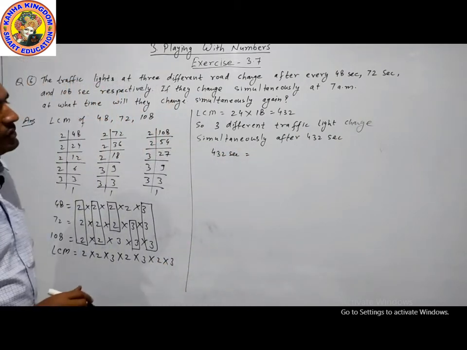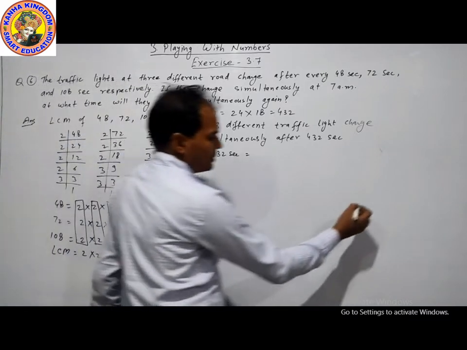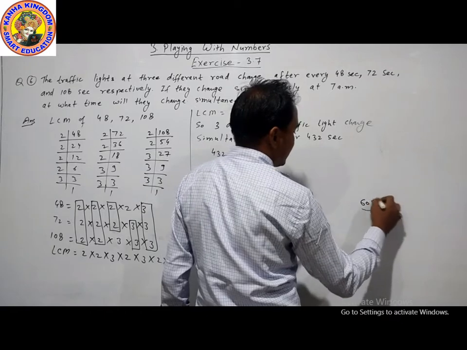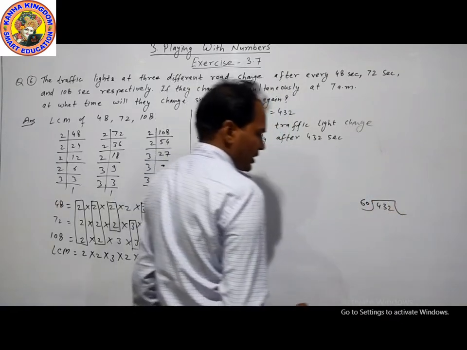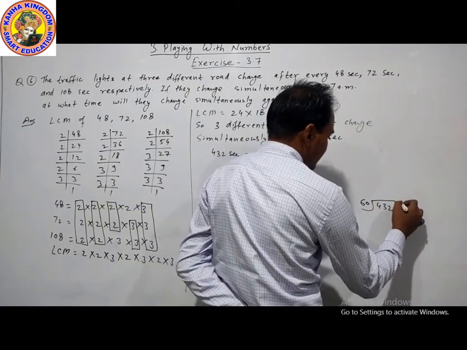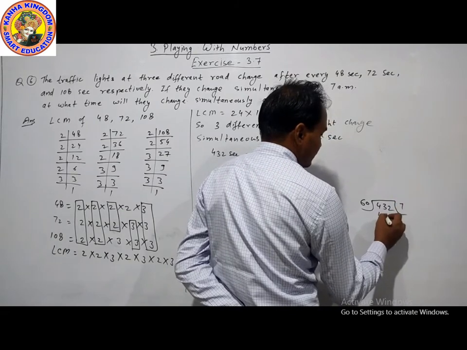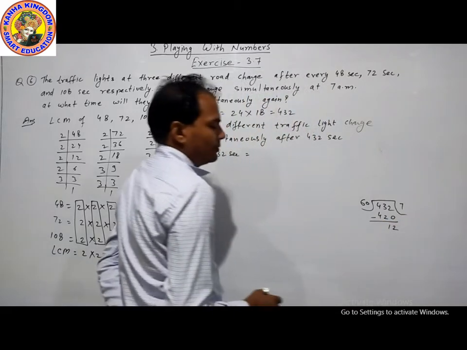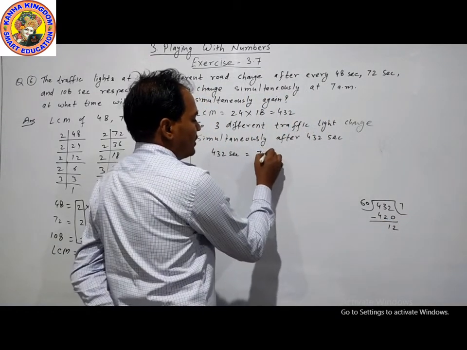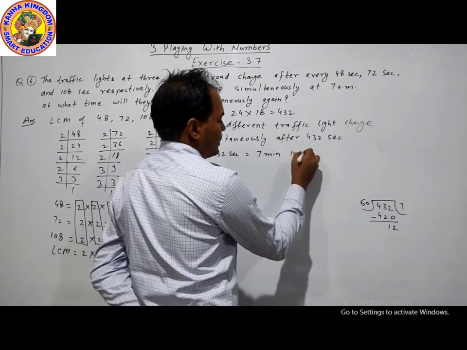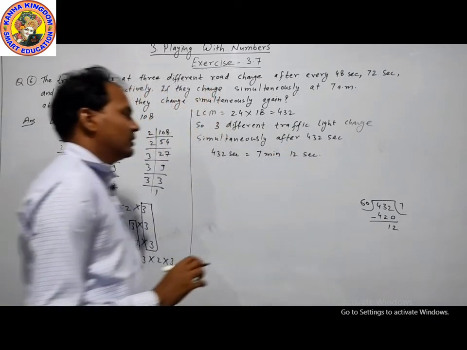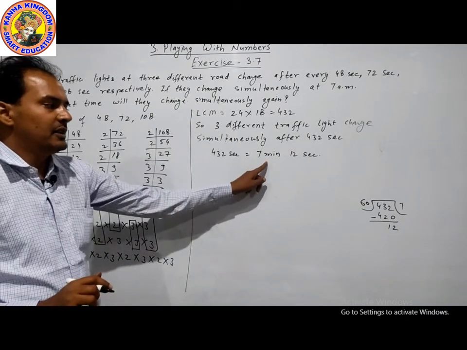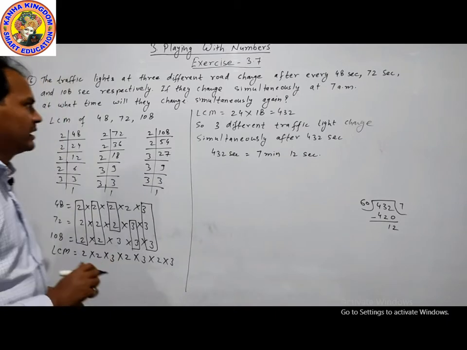We will convert this into minutes, so we will divide by 60. In a minute there are 60 seconds, so we will divide by 60. 7 times 60 is 420, then 12. 7 minutes 12 seconds. This is our answer. 432 seconds is equal to 7 minutes and 12 seconds.